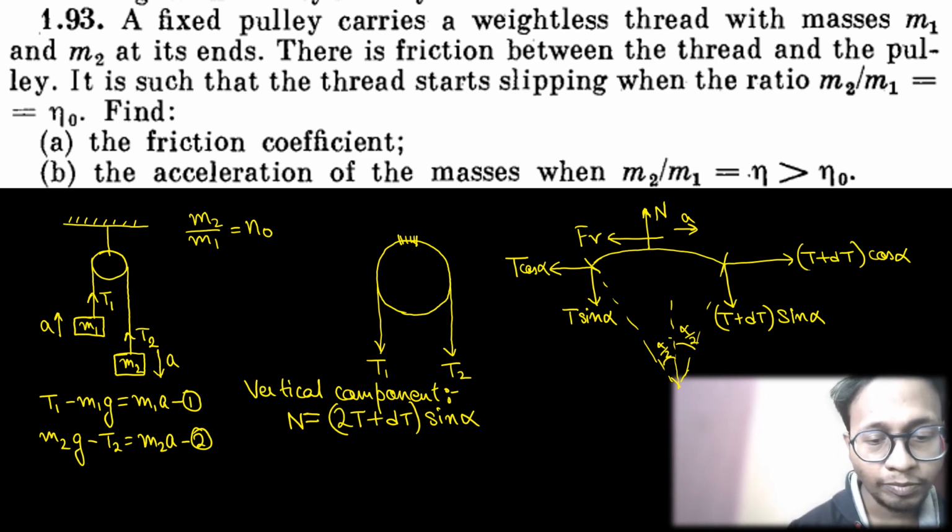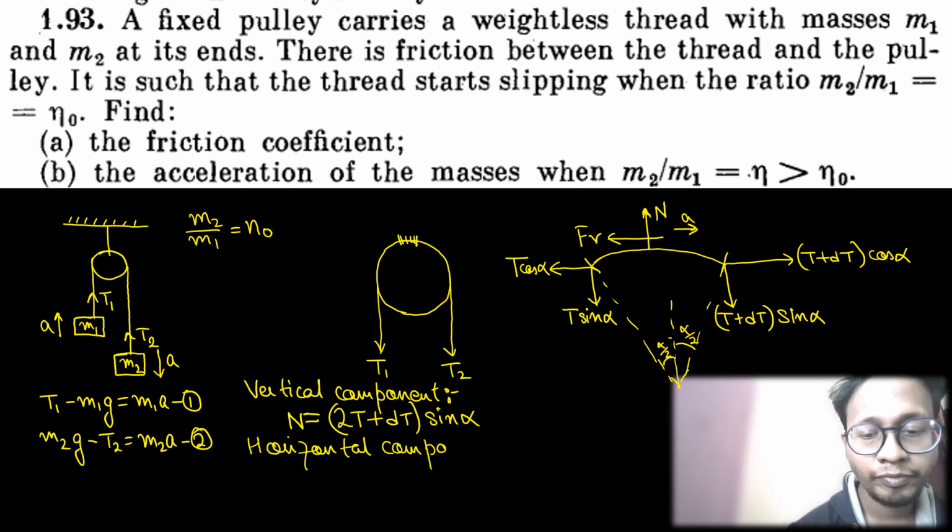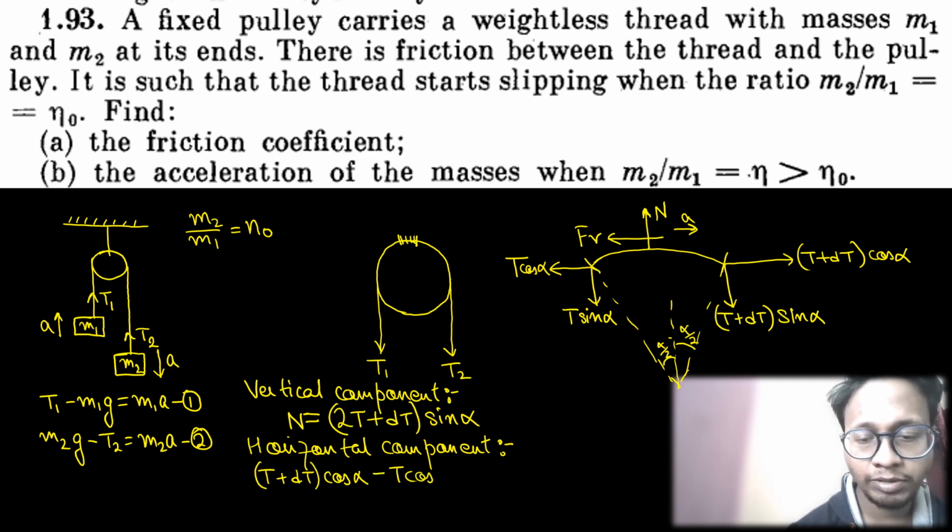Now the horizontal component. (T plus dT) cos alpha minus T cos alpha minus friction force is equal to the elemental mass into acceleration.